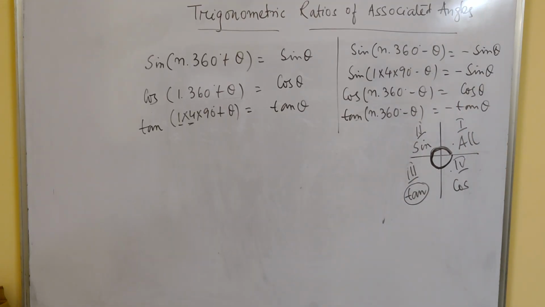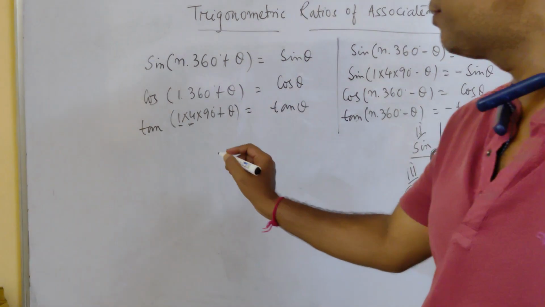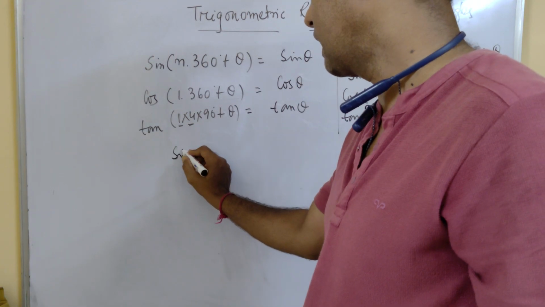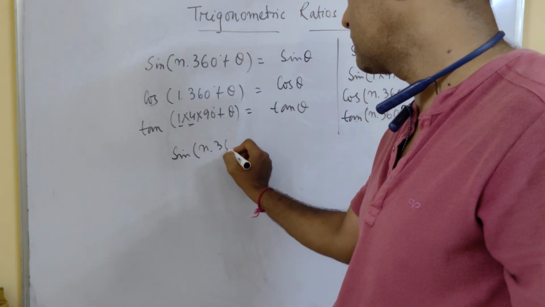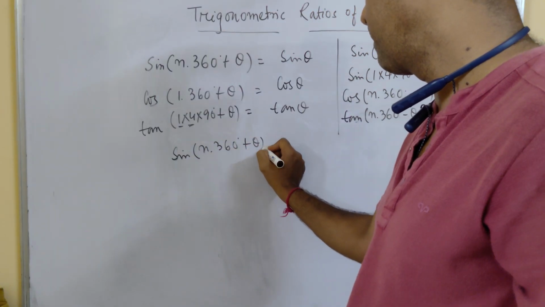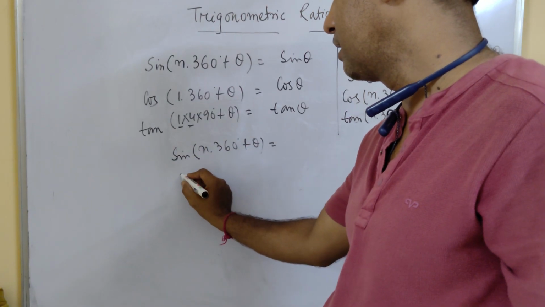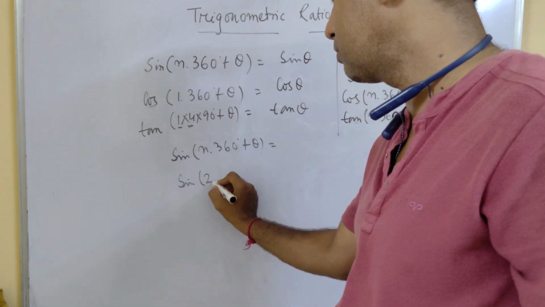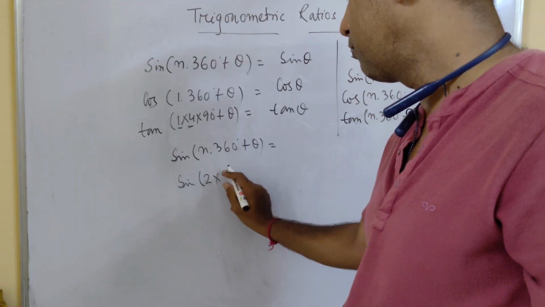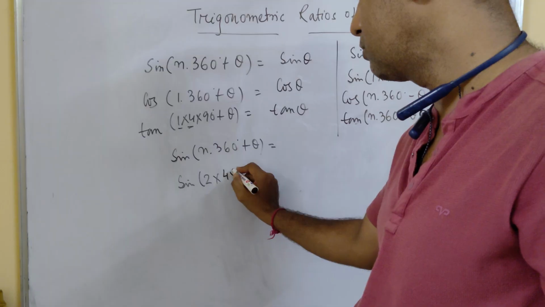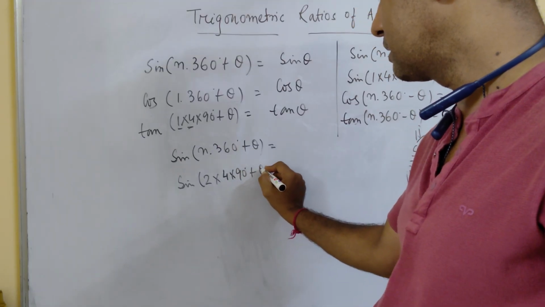Fine. Now if n is an even number, sin of n into 360 degree plus theta, so if n is even, we may write it as 2 into 4 into 90 degree plus theta.